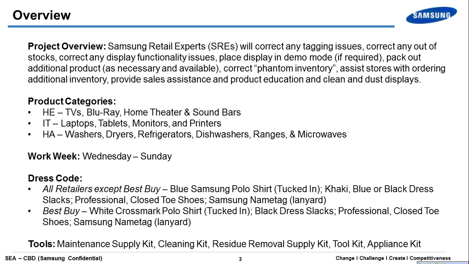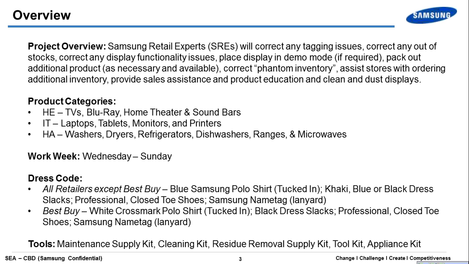Now, if you're working in Best Buy, you need to be wearing your white Crossmark polo, and that also needs to be tucked in, and you may only wear black dress slacks for that. And again, professional closed-toed shoes and your Samsung name tag and lanyard. Again, we just want to make sure that we can be identified as helpful and who we are, as well as looking presentable at the same time.